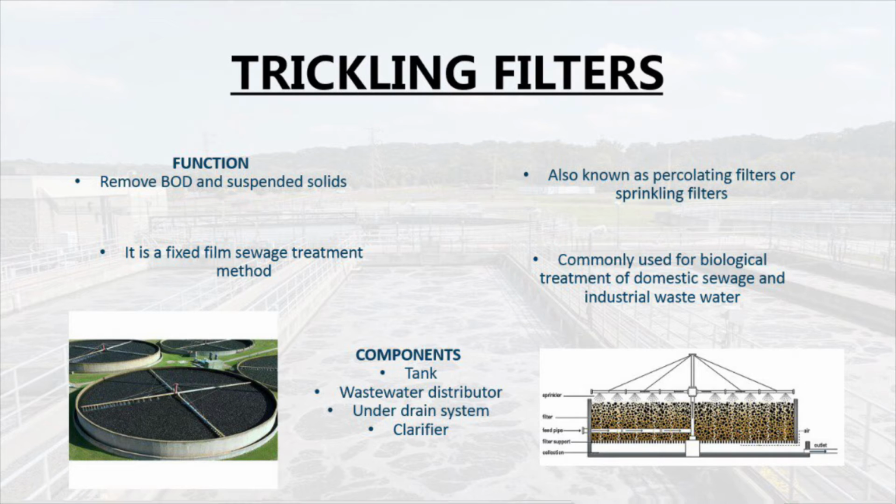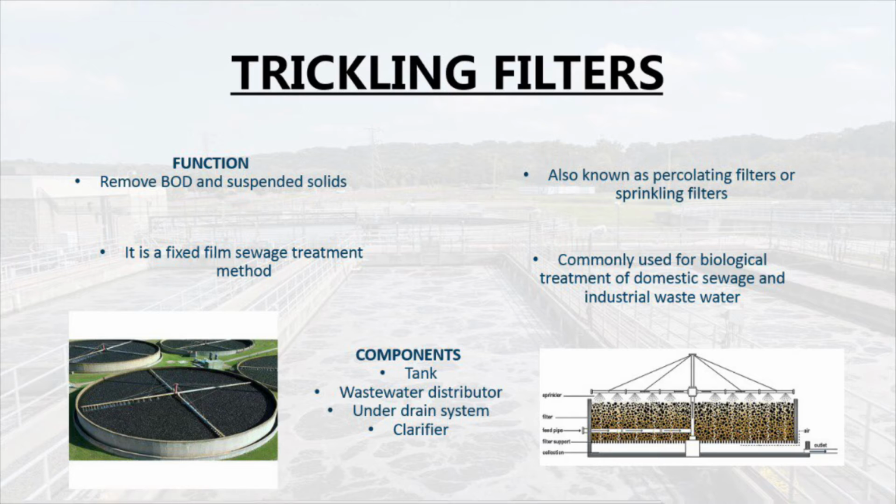First process is trickling filters. We also know trickling filters as percolating filters or sprinkling filters. This process is a fixed-film biological treatment method designed to remove biological oxygen demand and suspended solids. It is an attached growth process where wastewater is distributed over a fixed bed of media, such as rocks, gravel, and plastic substrate.